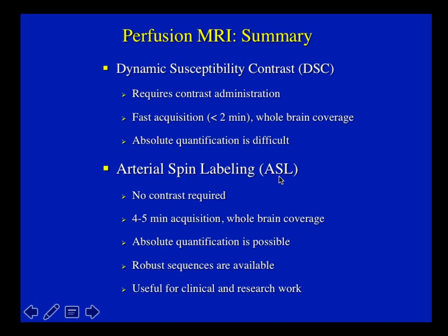On the other hand, the other technique is ASL. Here, no contrast is required. It takes an acquisition time of about 5 minutes and can give whole brain coverage information, and absolute quantitation is possible. We have sequences on all the scanners, and this can be used in clinical as well as research work.